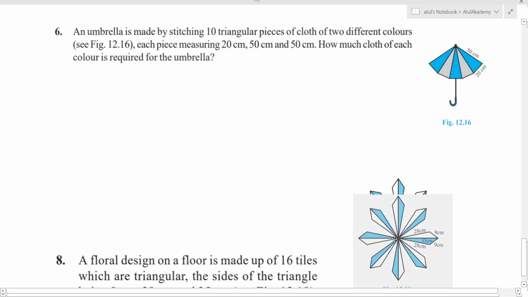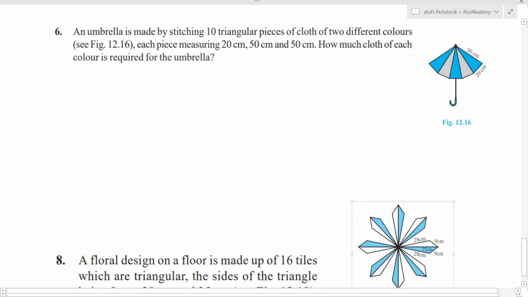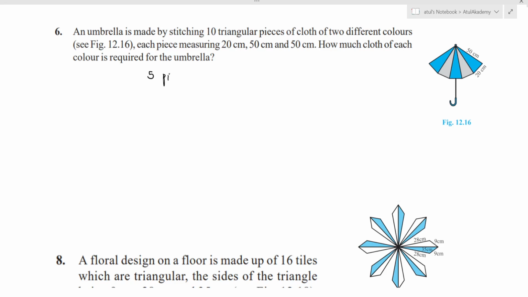We have an umbrella. This umbrella is made by stitching 10 triangular pieces. How many pieces are there? 10 triangular pieces of cloth, of two different colors. So if there are two different colors, there are 5 pieces for each color. Fine. So you just have to calculate the area for one triangle.